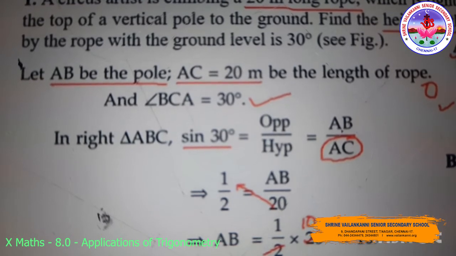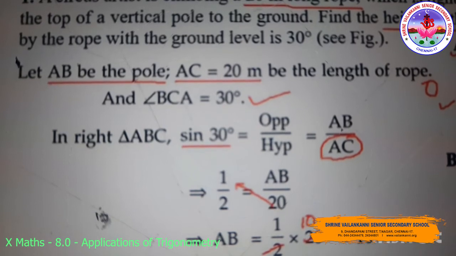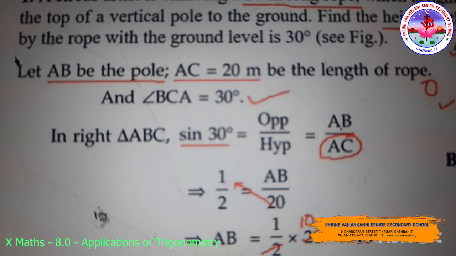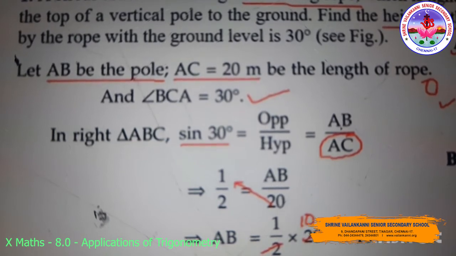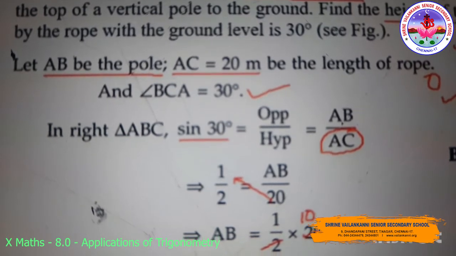So sin 30 is equal to AB by AC. Sin 30 has a value of half. So I am replacing the value here. Half is equal to AB by 20. So cross multiply. AB is equal to 20 divided by 2, which is equal to 10. So I find that the length of the vertical pole will be 10 meter.